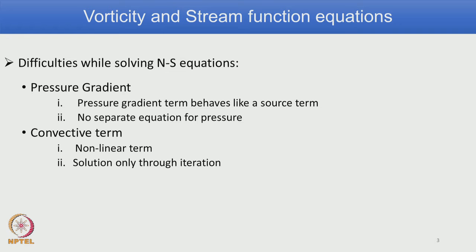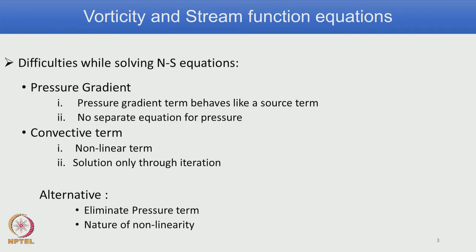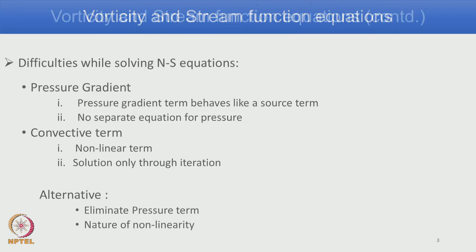Now there is a question, is there a way to overcome this? Alternatively, we have to devise an equation in such a way that there is no pressure term, and see whether we can remove or rewrite the nonlinearity in the convection term.